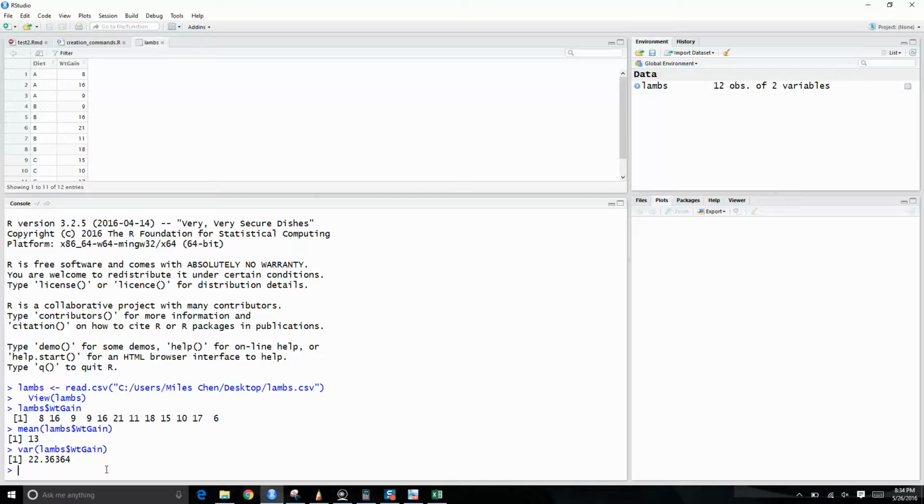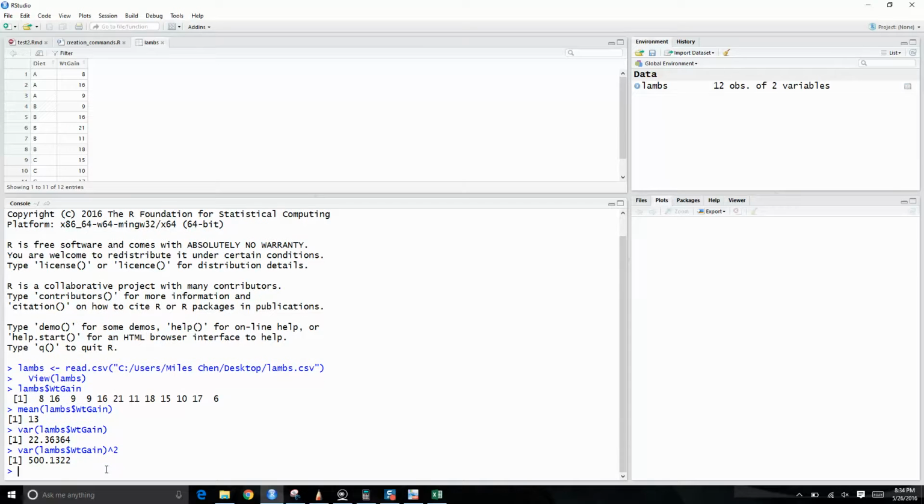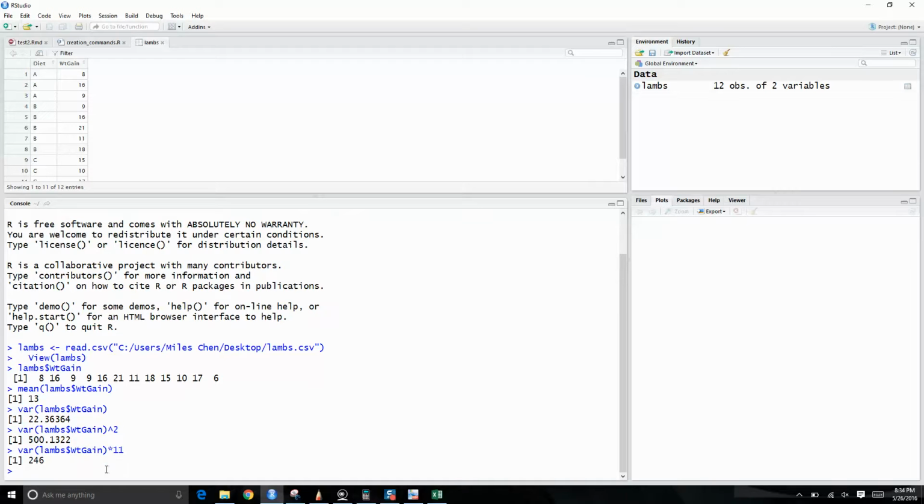And if I do the variance squared, which would be our sum of squares, what am I doing wrong here? Oh, no. Wait, the variance of lamb's weight gain. Yeah, variance is 22 point. Oh, okay, I'm sorry, not squared. Variance times 11 would be our sum of squares total, right? N minus 1. So this is our total sum of squares.